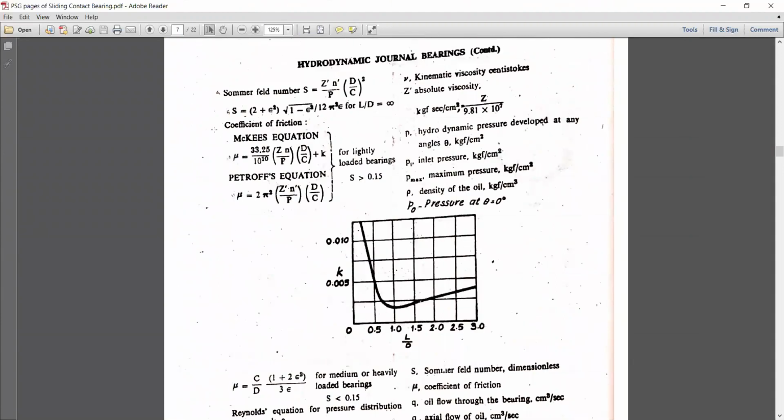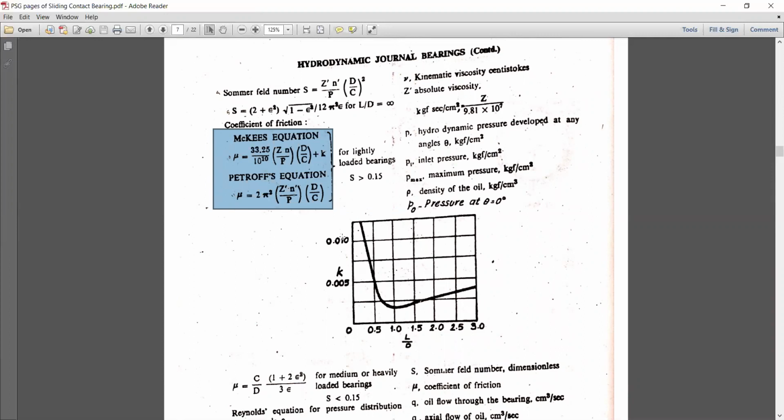Here two scientists provide equations: Mac's equation and Petrov's equation. If the load on the bearing is very light, the value of S is lesser than 0.15, as we have calculated the value of S is 0.04166.